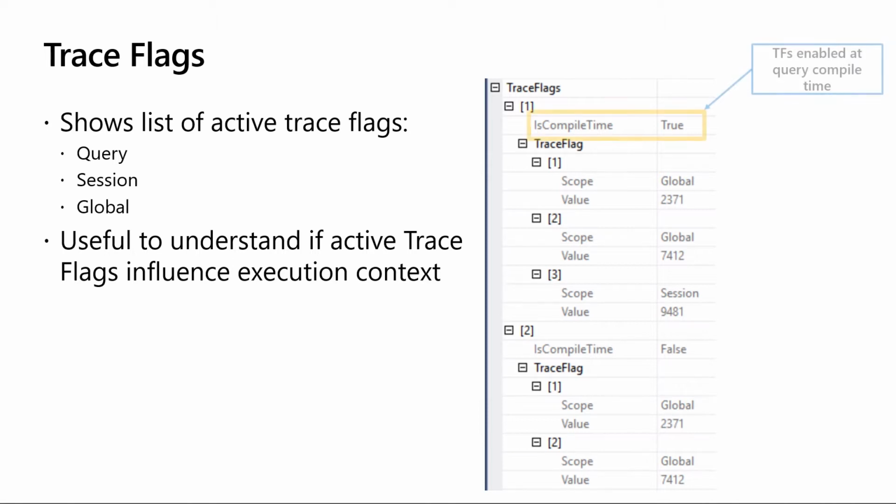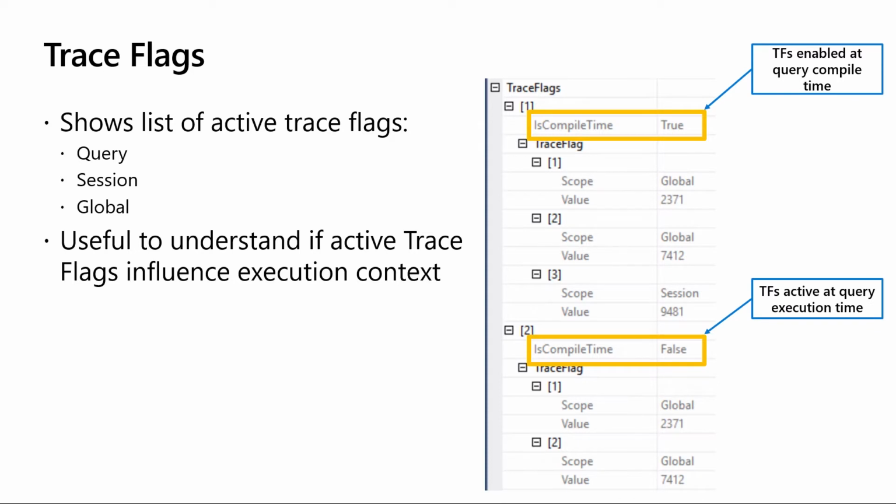So to recap, the top list will show me trace flags enabled at query compile time. So this list will be available in the so-called estimated plan. The bottom list are the trace flags active at query execution time, and these are only available in the post-execution plan, in the actual execution plan.